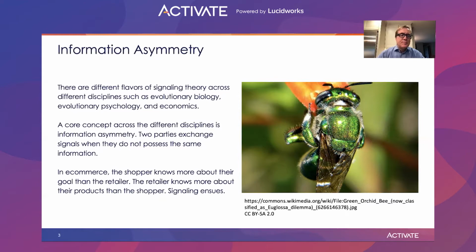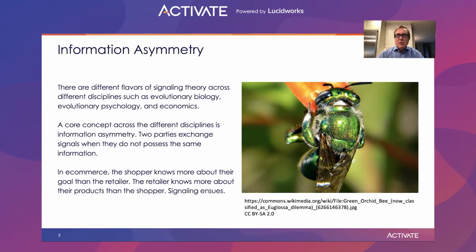In this photo here, we have this green orchid bee, and it turns out there's a lot of green orchid bees, and they're actually different species. And the way that they can tell each other apart is that one type of bee will tend to one type of orchid.